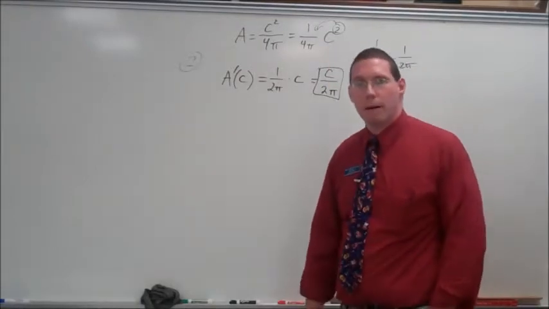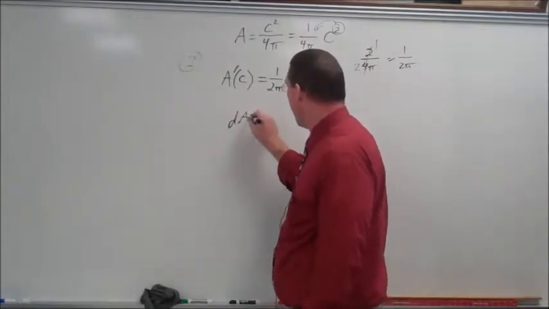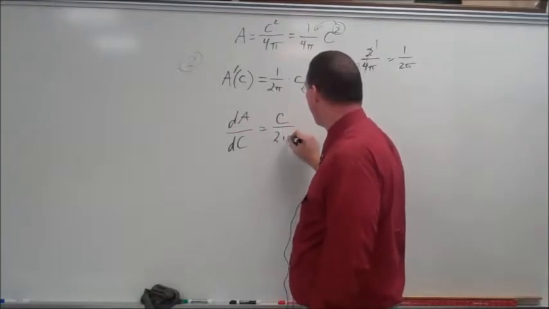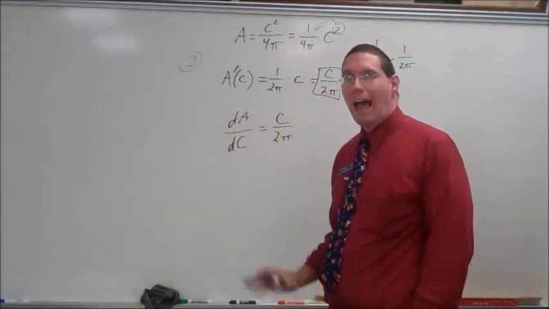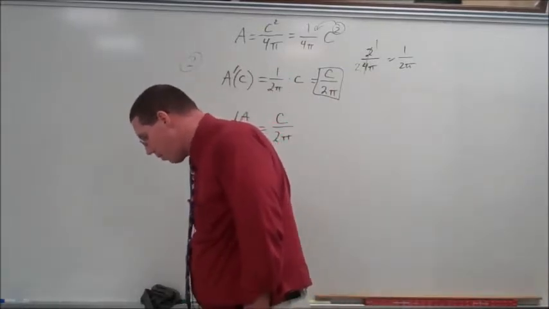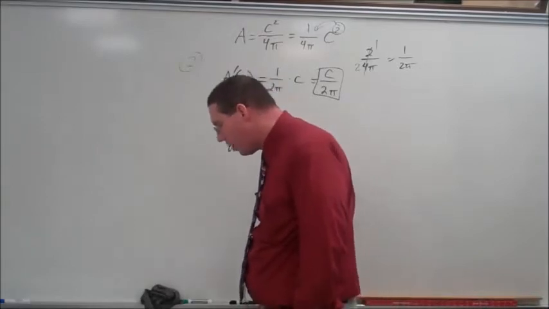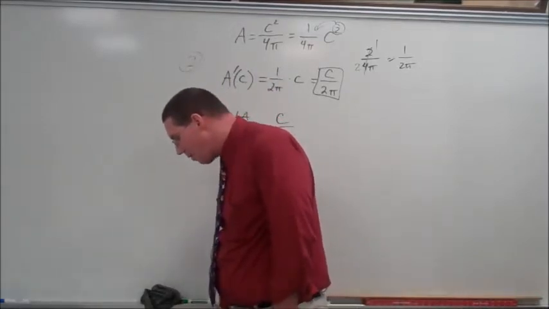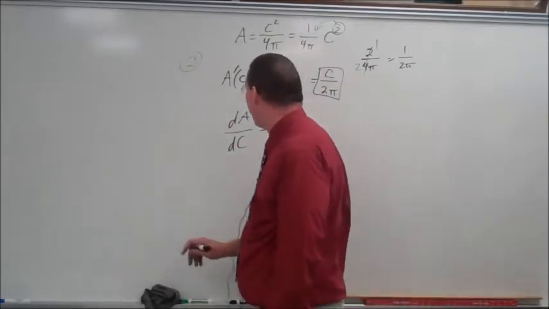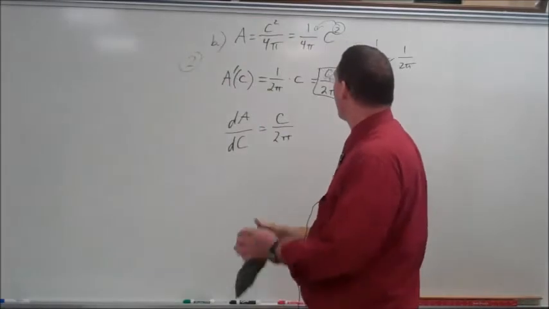C over 2 pi is my derivative of A with respect to C. I can also say dA/dC is equal to C over 2 pi. That's the rate of change in area as the circumference changes. By the way, that was part B.